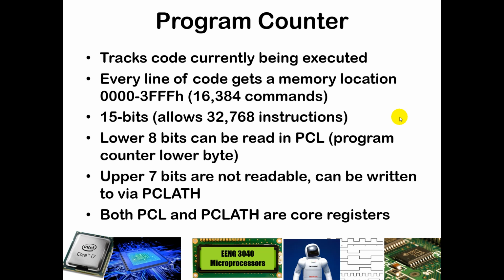The lower 8 bits can be read in the PCL, which is short for Program Counter Latch, or Program Counter Lower Byte, and then the upper is in the PCLATH. So those are not directly readable, but you can write to the PCLATH. So PCL and PCLATH are both core registers available across all of the banks.